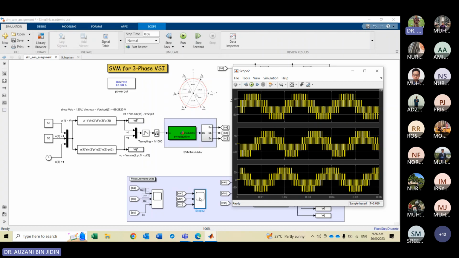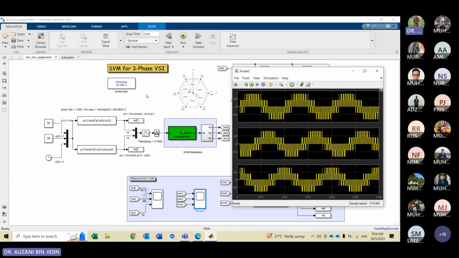Okay, to those who have already got the result, you can verify your design by checking the frequency spectrum of the output voltage. Once it is completely running and you get the result, you can verify your design by looking at the frequency spectrum of the output voltage.